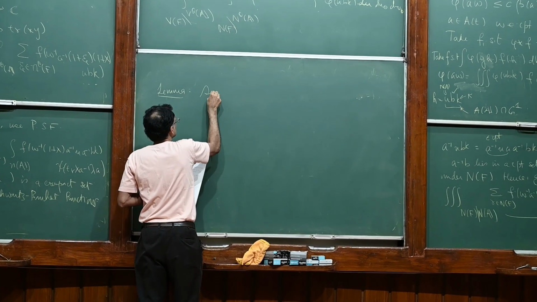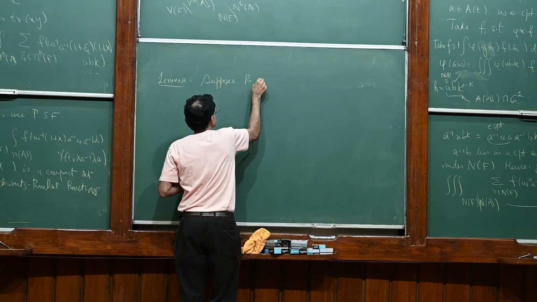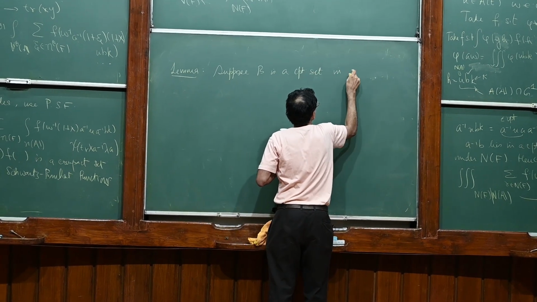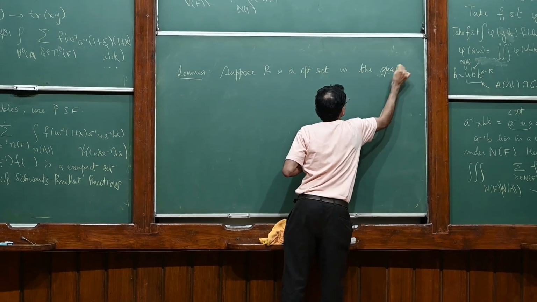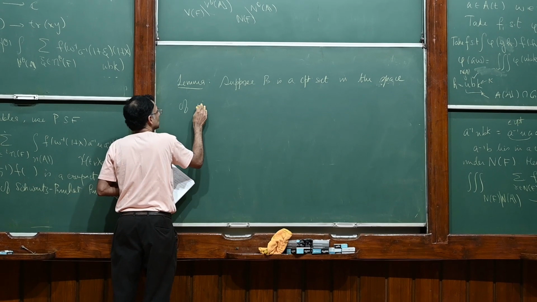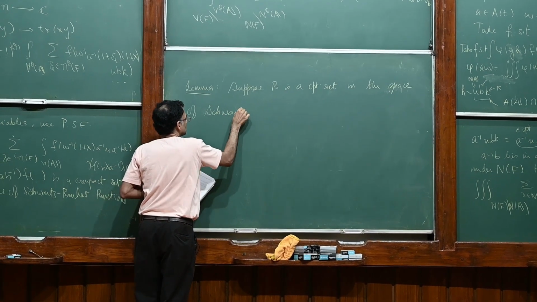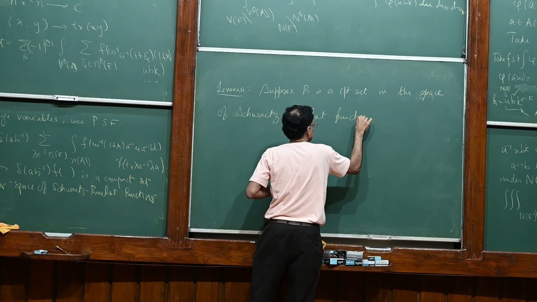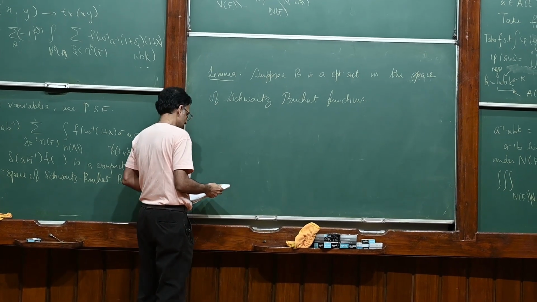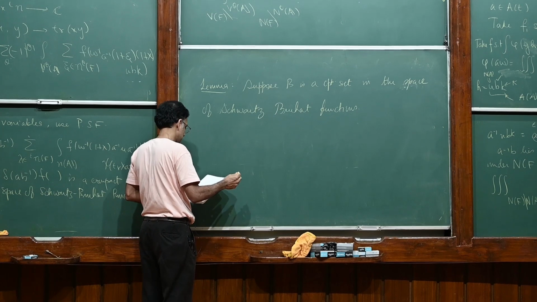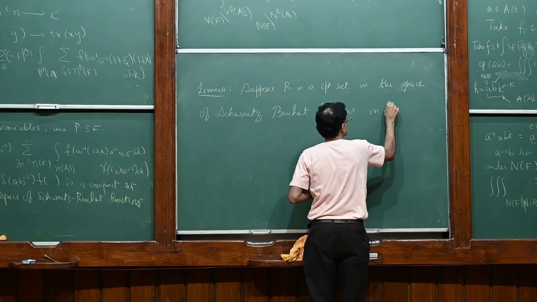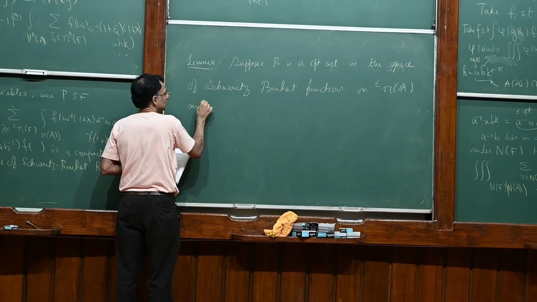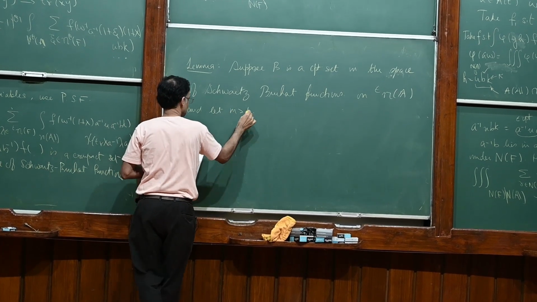Suppose B is a compact set in the space of Schwartz-Bruhat functions on the transpose of Na, the adelic points of this Lie algebra, and let M be greater than 1.